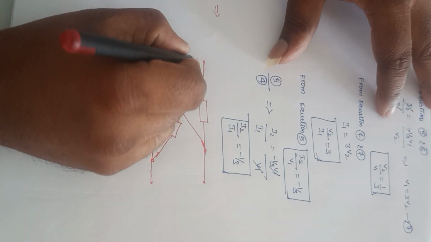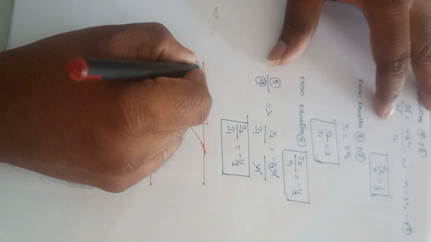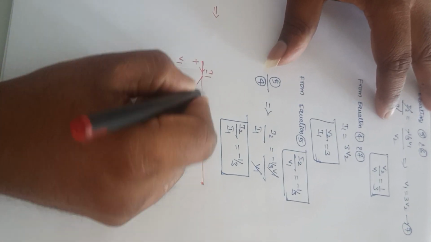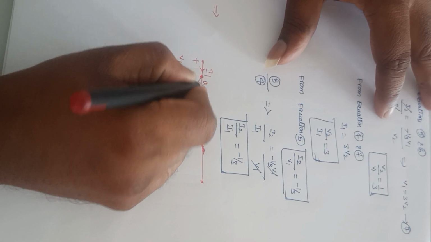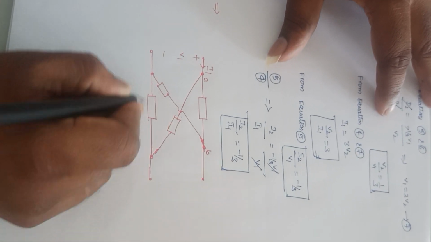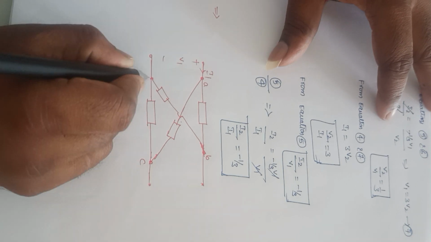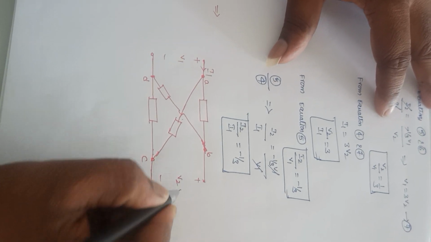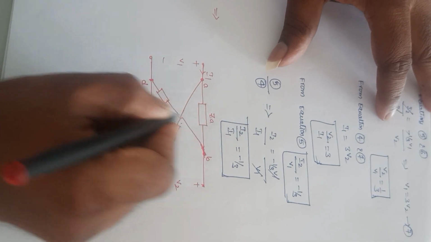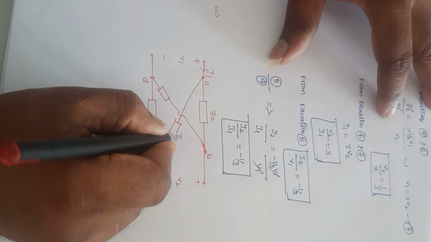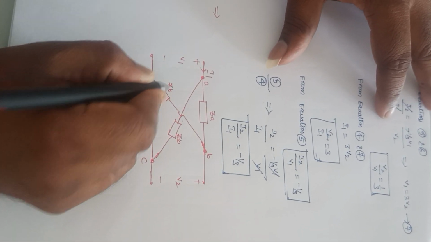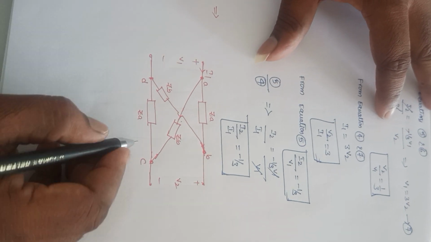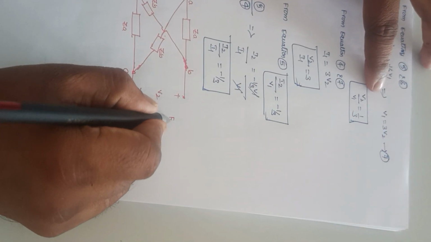Plus and minus, it is V1, this is the current I1, this is the point A, this point is B, this point is C, and this point is D. This plus and minus is V2. It is ZA, also ZA, ZB, also ZB.